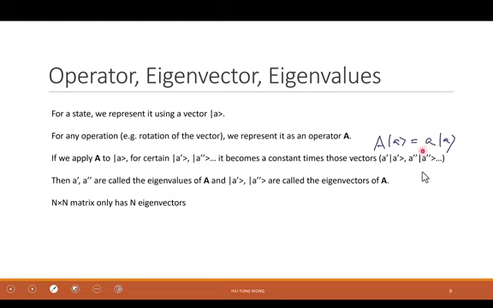Then we say that a is the eigenvalue of this matrix A, and then this vector is the eigenvector of this matrix A. If this equation is satisfied, we say this vector is the eigenvector of this matrix A, and this number is the eigenvalue of this matrix A.